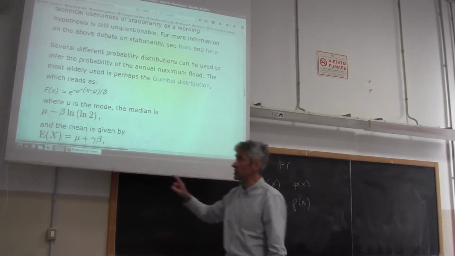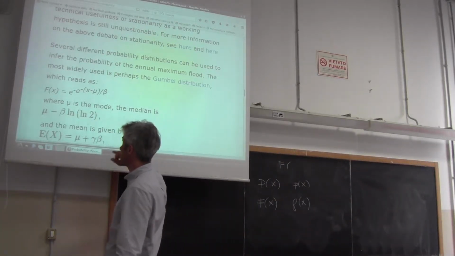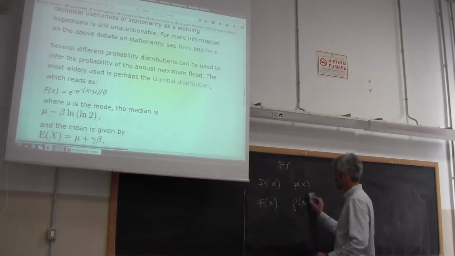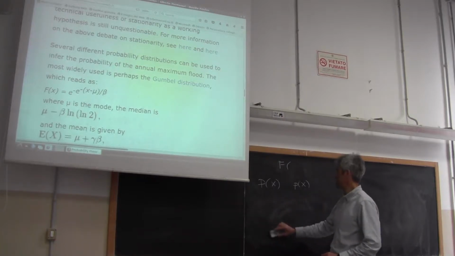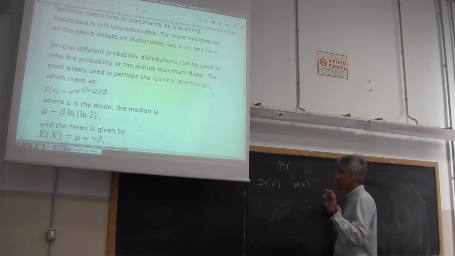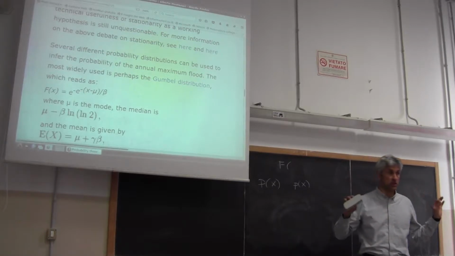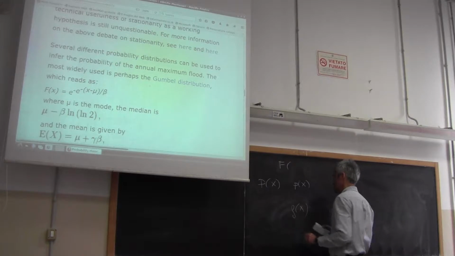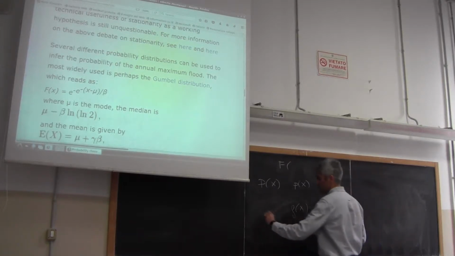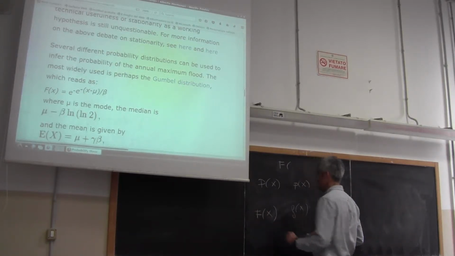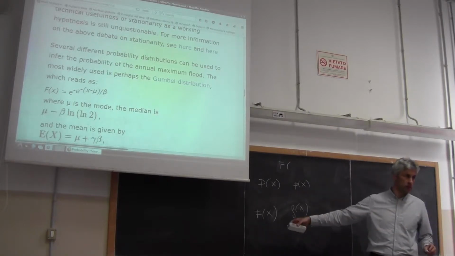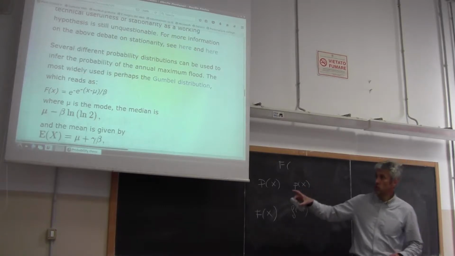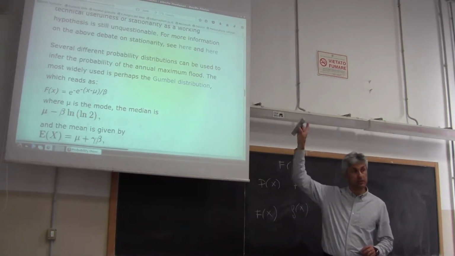So I will make a change here. I would like to keep lowercase f for probability density because it's the most widely used. I need to keep capital F for probability of not exceedance, which is the integral of probability density, but then I need to change the symbol for frequency that I used above.